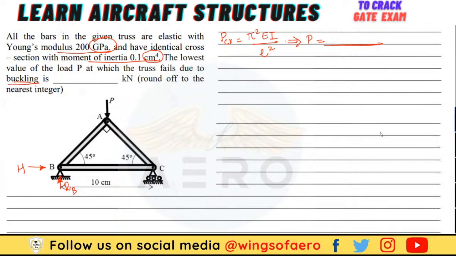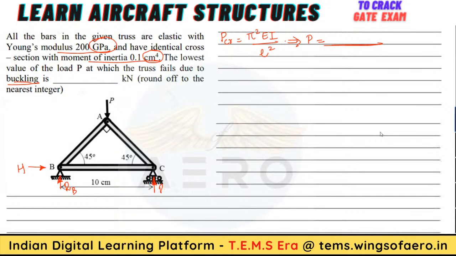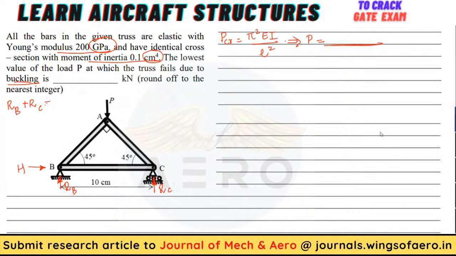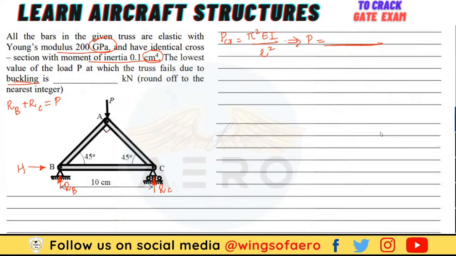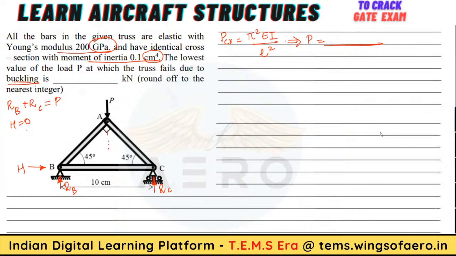Now at point C we have the roller, that means there can be a displacement in the X direction, but in Y there is no displacement, so let me consider RC. Now from here I can write RB plus RC equals P. H will be 0 because we don't have any horizontal displacement anywhere.